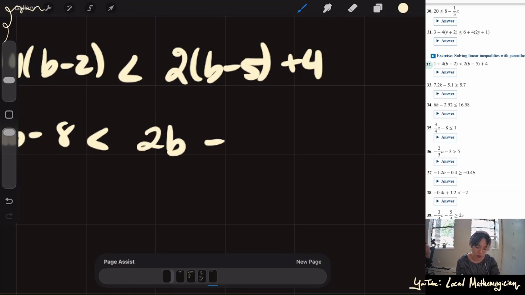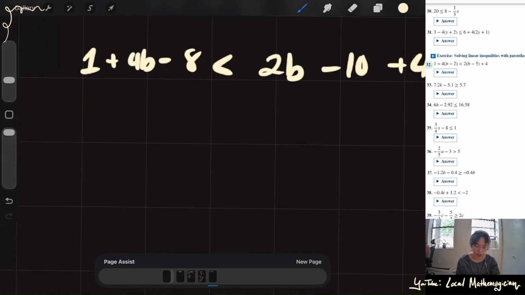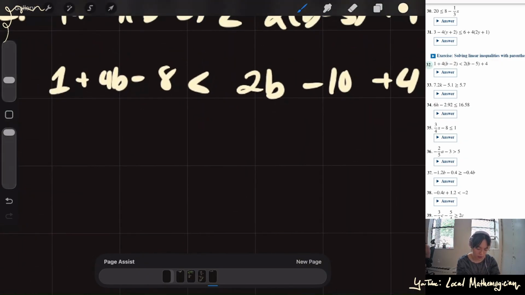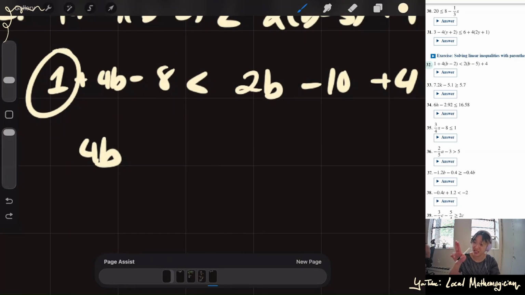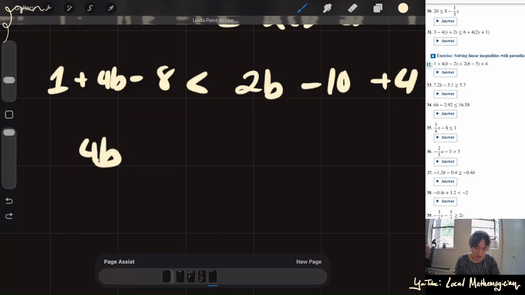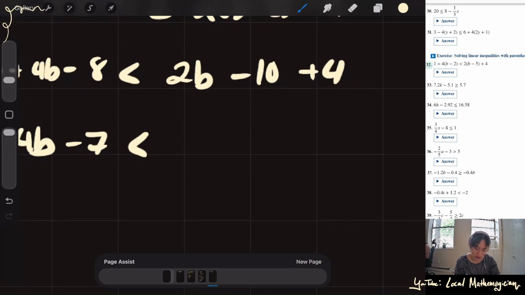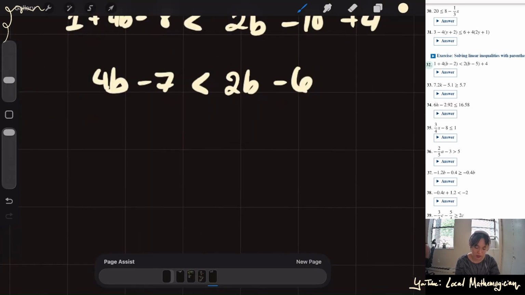That gives 2b minus 10 plus 4. Let's combine some like terms. 4b can stay. Negative 8 plus 1 is negative 7. 2b can stay. Negative 10 plus 4 is negative 6, right?